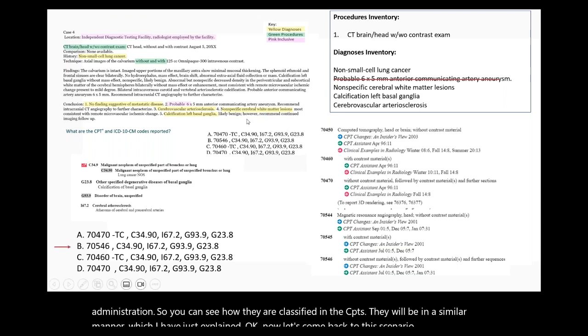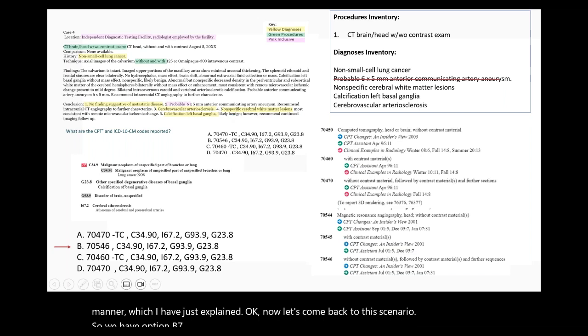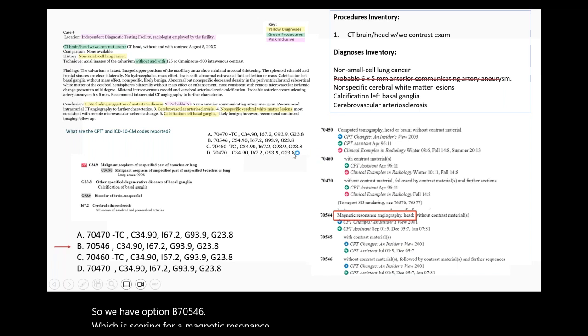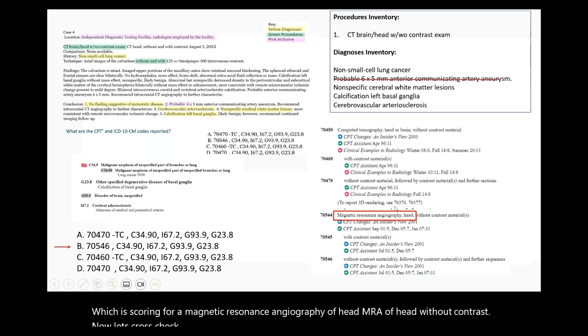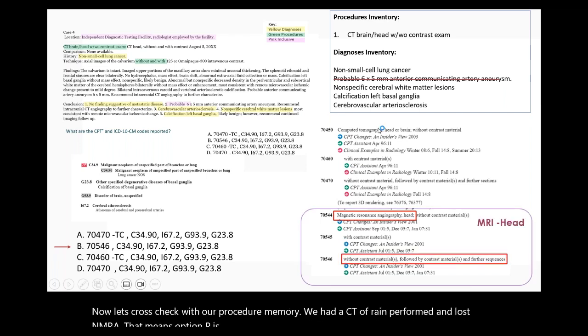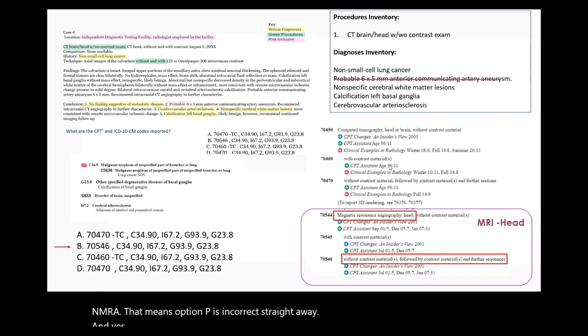So we have option B, 70546, which is coding for a magnetic resonance angiography of head, MRA of head without contrast. Now let's cross check with our procedure inventory. We had a CT of brain performed and not an MRA. That means option B is incorrect straight away. And option C is coding for 70460.